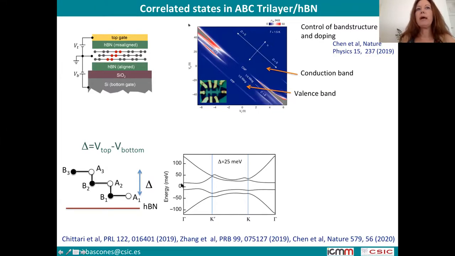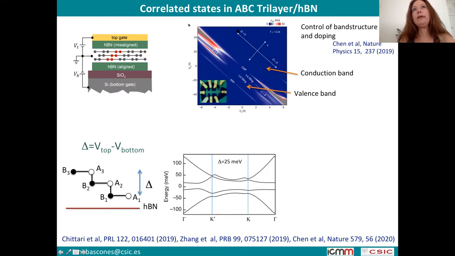Depending on how large or small the electric field is, the band will be modified, but also the doping. In this direction the doping is tuned, so here the valence band is studied, and here is the conduction band. You can see that the valence band is much more correlated.